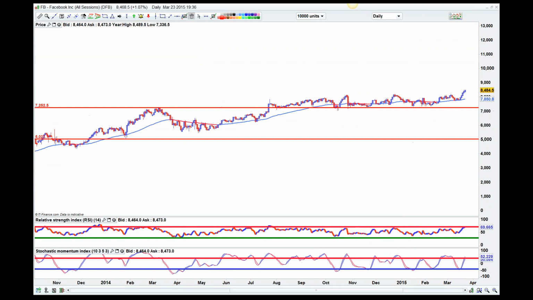Facebook's gone mad. I'm just going slightly off the subject. Facebook's had a good run off that 50 MA again. If you look at the waves, we've had 1, 2, 3. This 72.50 was a major fire line, and that got bought all through the summer and the autumn.